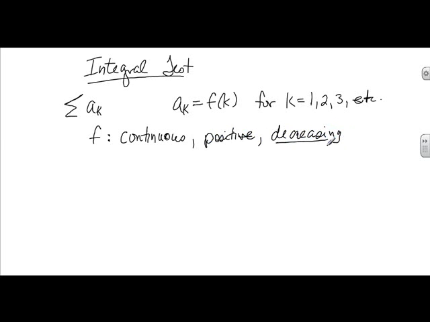So if our function f is continuous, positive, and decreasing, then the sum, if k starts at 1 and goes to infinity, of a sub k, and the integral that starts at 1 and goes to infinity of f of x, are either going to both converge or both diverge.